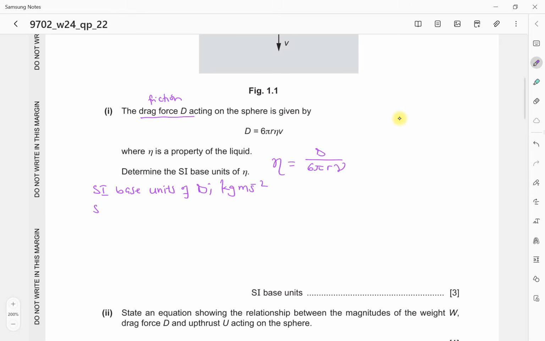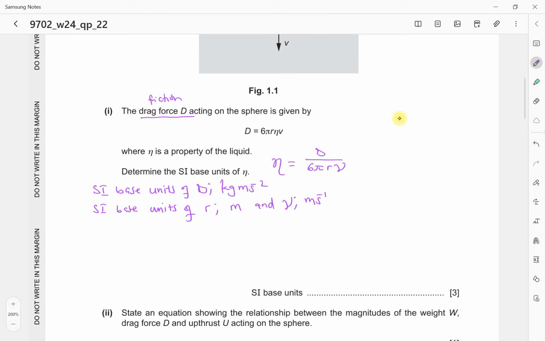Then the SI base units of r, that is radius, that will be meters, and v, that is speed, which is meters per second.